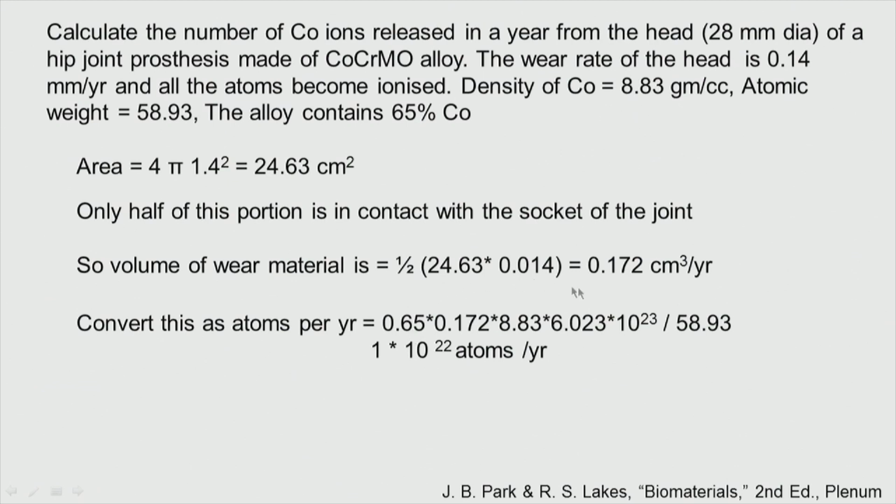Okay, now we are converting it into number of atoms. So how do we convert it? We divide by 58.93, multiply by Avogadro number, and also multiply by the density of cobalt. Okay. So 0.65 into 1 multiplied by 0.172 is the cc of cobalt.